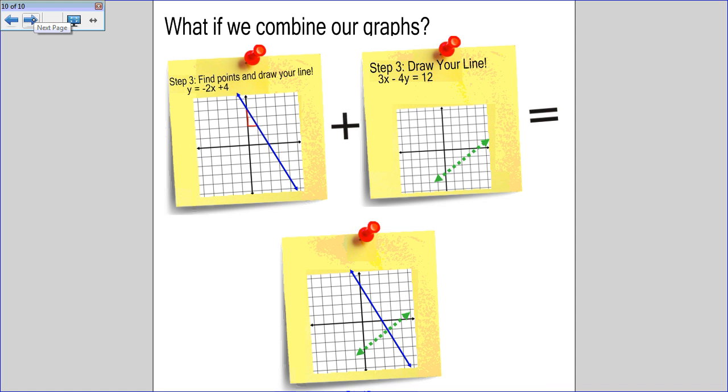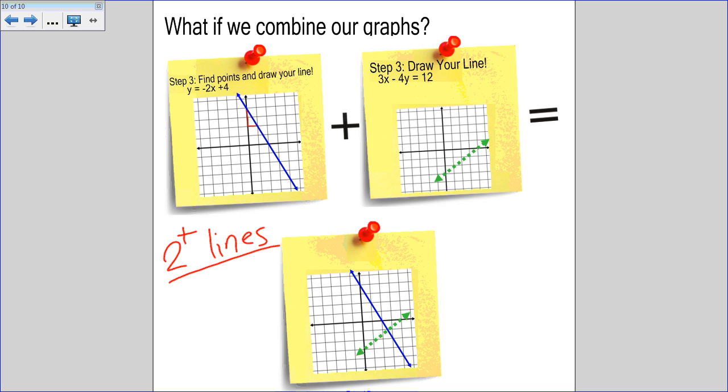So what happens when we combine our graphs? Remember, systems of equations, systems of linear equations are two or more lines. So we're really looking at times when we graph multiple lines.